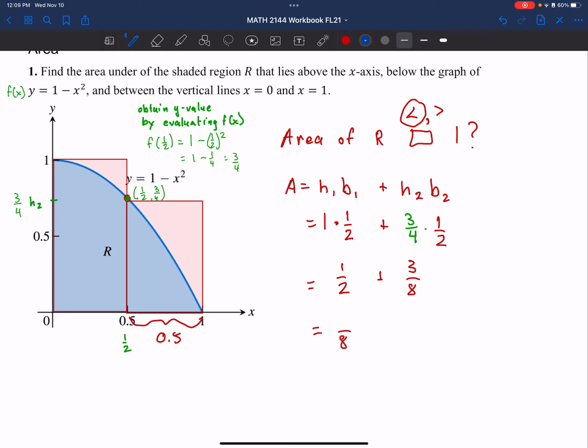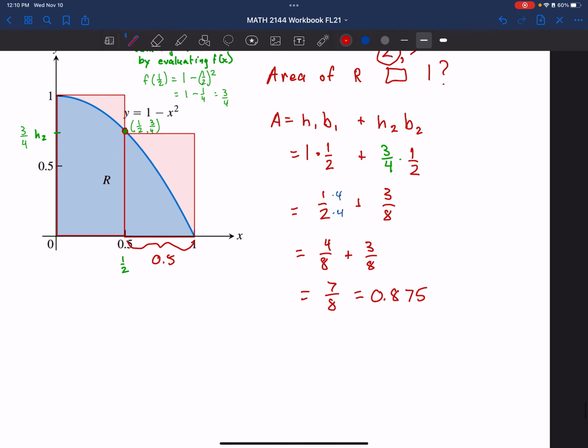So I'm multiplying both top and bottom of this by 4. So this is going to be 4/8 plus 3/8, which is ultimately 7/8. Or if you were to write this as a decimal, 0.875. So that is the area of the two red rectangles.